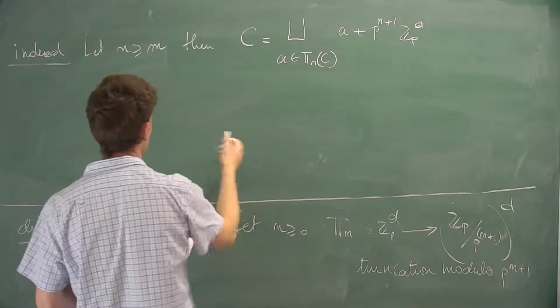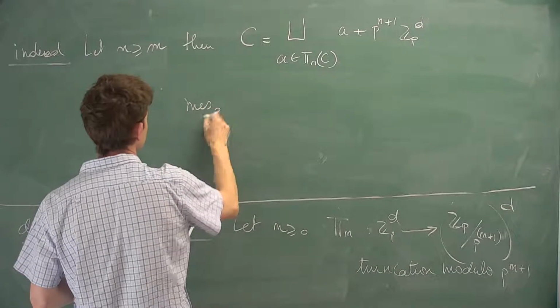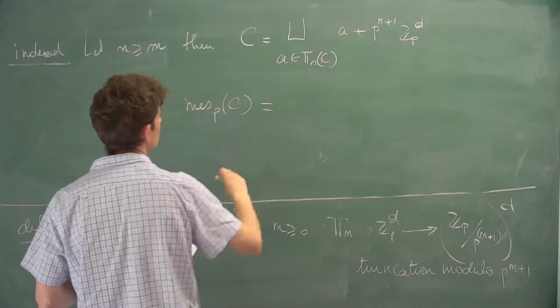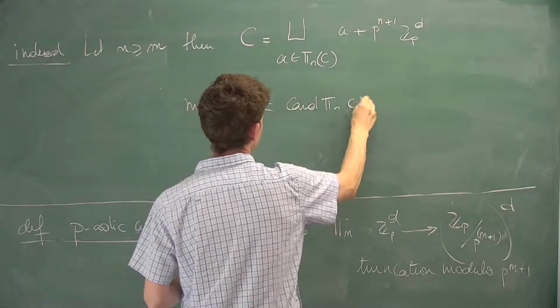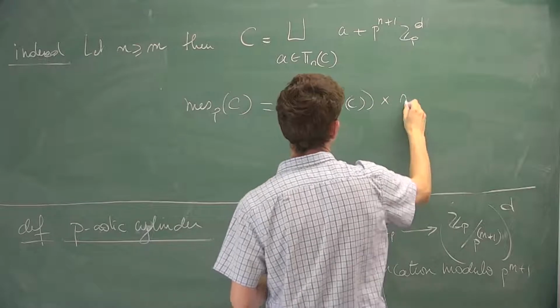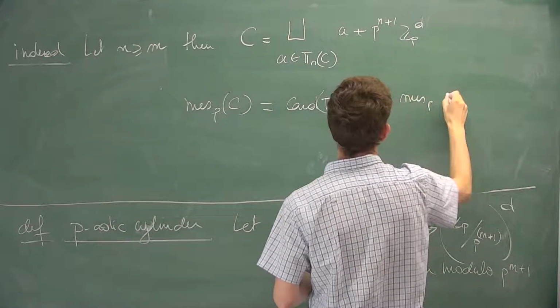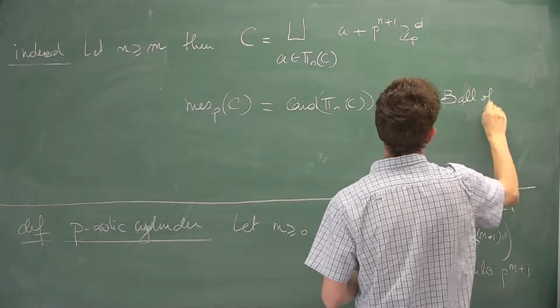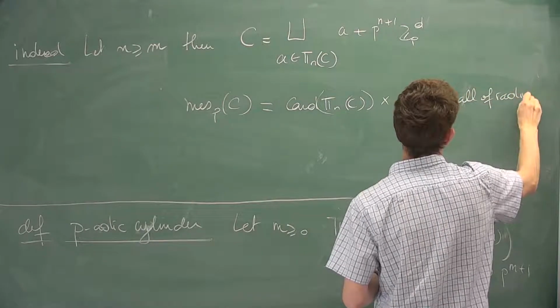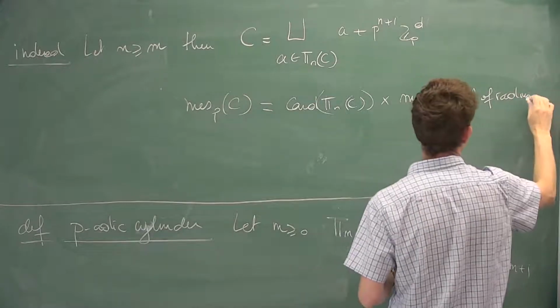And then you have that the p-adic measure of C is equal to the cardinal of pi_n C times the p-adic measure of a ball of radius n+1.